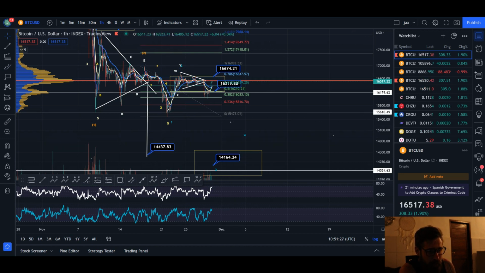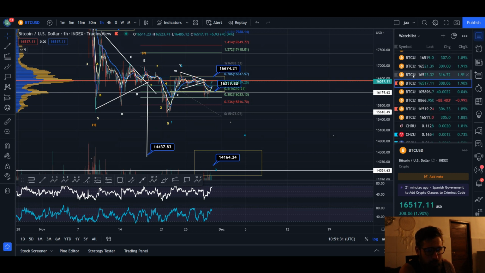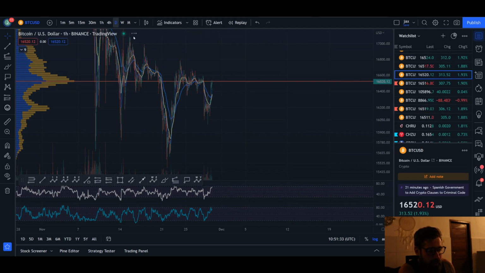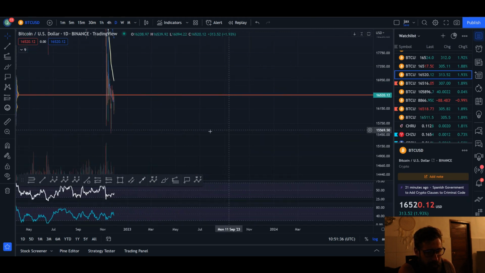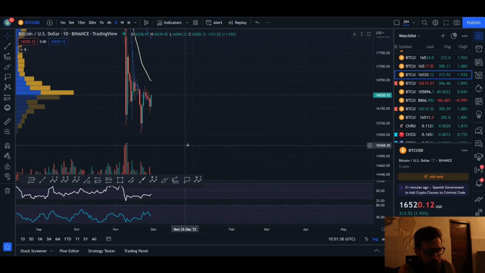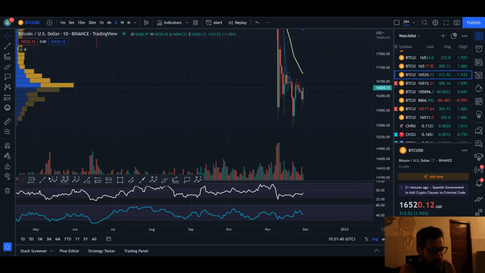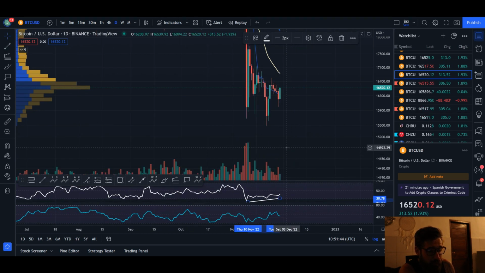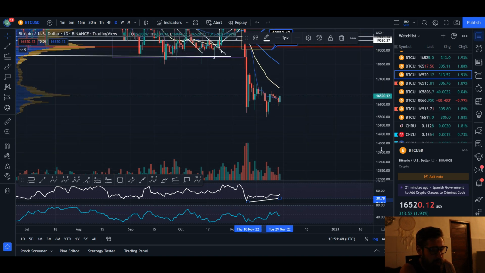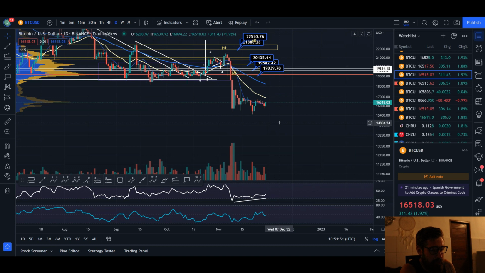But as I mentioned on the daily time frame for the price of BTC, let me pop over to another chart and go to the daily time frame. I was talking about this bullish divergence and the fact that money was flowing back in for the price of BTC, which shows signs that we could definitely see a bounce, and it looks like that may be starting.